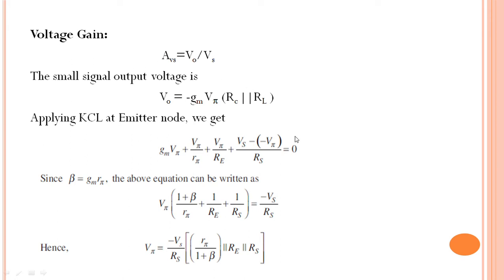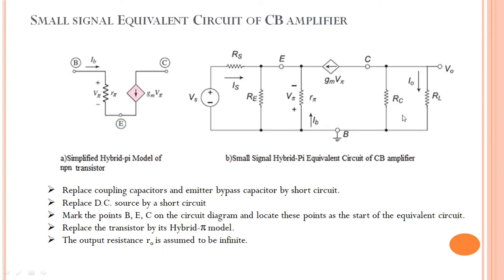We know that the voltage gain of our amplifier is given by output voltage divided by input voltage, where AVS is equal to output voltage V0 divided by Vs. From the circuit, it is clear that for the output V0 we apply Ohm's law, that is the I into R formula. I0 is the current that flows through the load resistor RL.